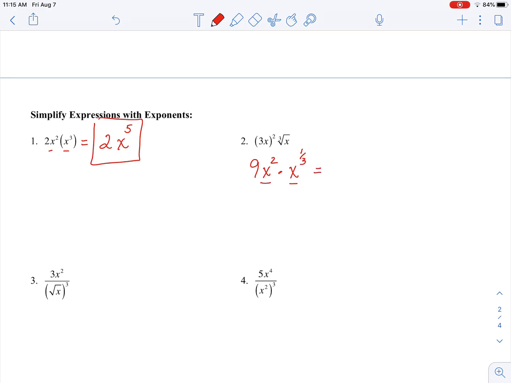Now when I multiply my like bases, I have to add the powers. And this is the part I want you doing without your calculator. I need to add 2 plus 1/3. Okay, so I need to get a common denominator. So this is 6 over 3 plus 1 over 3, and that's going to be 7 over 3.